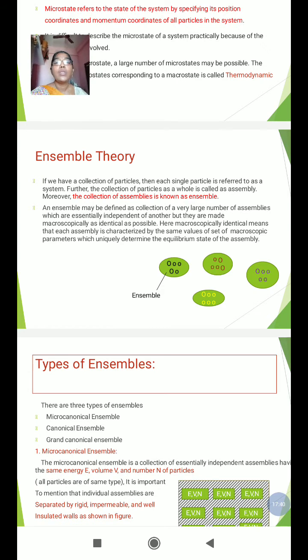This type of group is called an ensemble. An ensemble is nothing but a collection of systems which are macroscopically identical but microscopically independent. So according to quantum mechanics, we would have 5, 5, 5, 6, a total of 21 problems here.